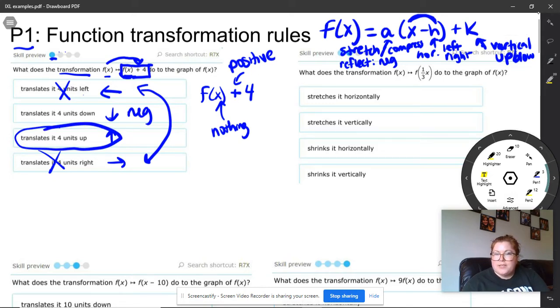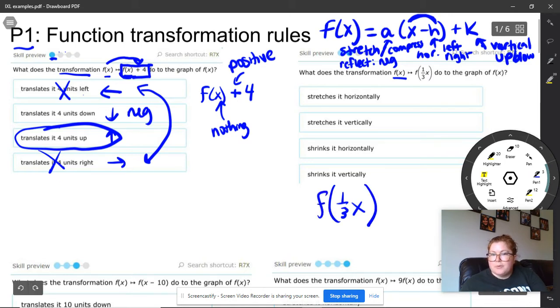The next example says, what does the transformation from f of x to f of 1/3 x mean? So if we notice, our 1/3 is in front of x, and it is inside of the parentheses. So that means my x is going to be changing, which means we're changing left and right.